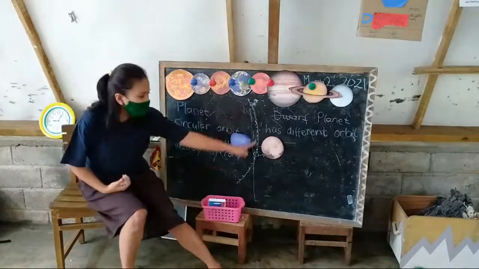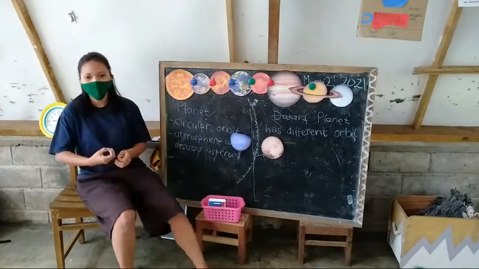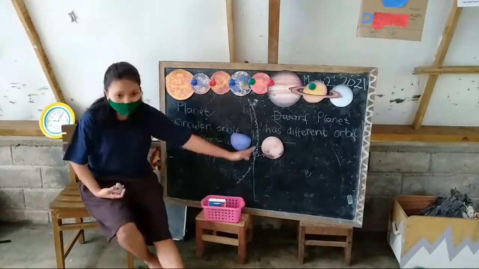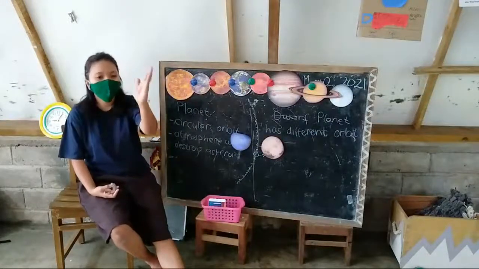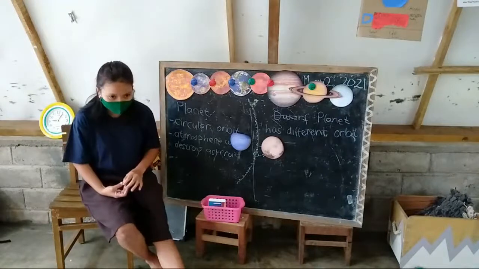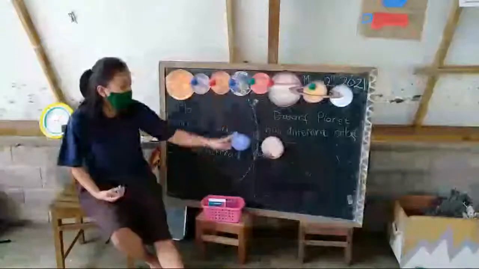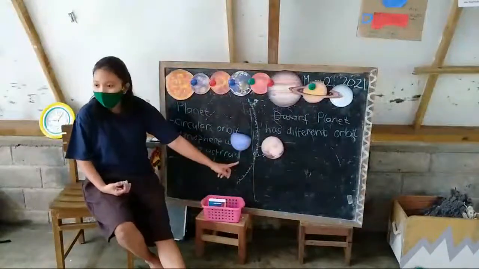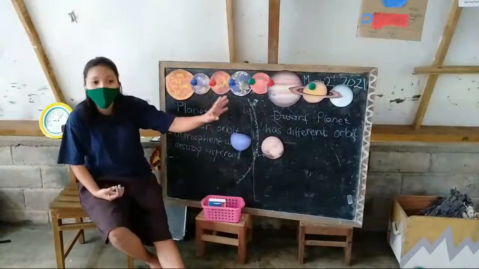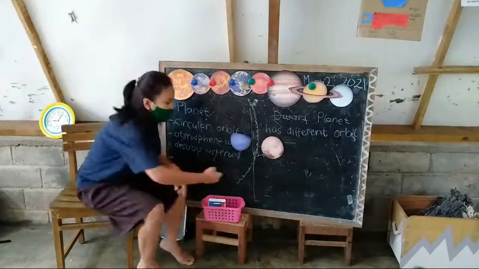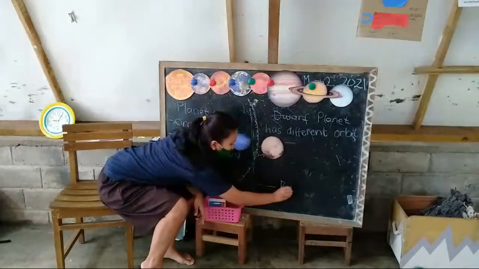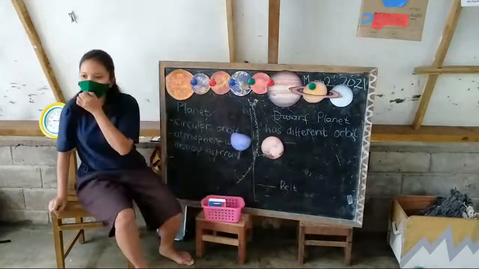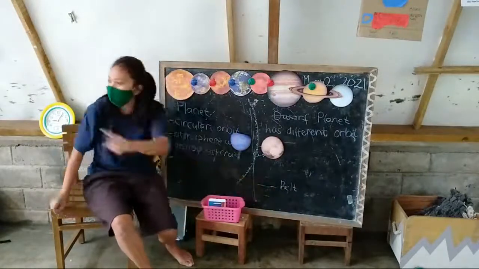What is this name? It's like a belt, right? In astronomy, we call that a belt, but it has a special name. You can have 2 stickers if you can answer this.